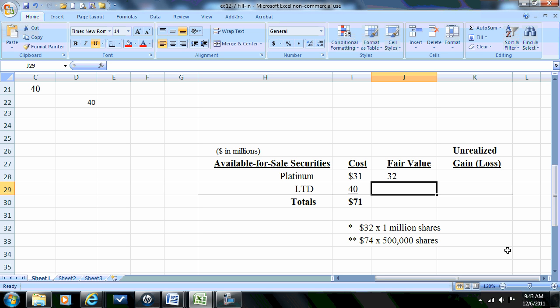We own 500,000 shares, so we're going to take the $74 a share, times it by 500,000, and it comes out to be 0.5 here because we're dealing in millions. So the fair value of our investment in LTD is going to be measured at $37 million.